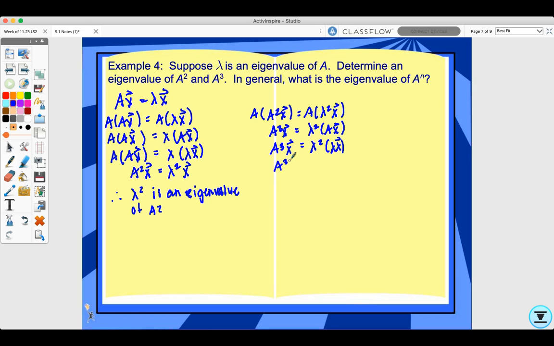And then I have A cubed x equals lambda cubed x. So therefore, lambda cubed is an eigenvalue of A cubed. So in general, lambda^n is an eigenvalue of A^n.